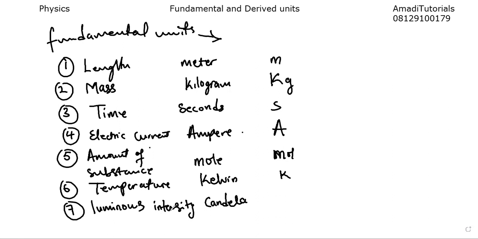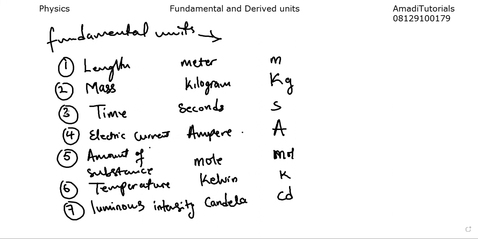So when you talk about luminous intensity, you're talking about the amount of light energy you can get from any lighting or illuminating substance. So it's measured in candela, and the symbol is small letter c and small letter d. So these are what? Fundamental units.